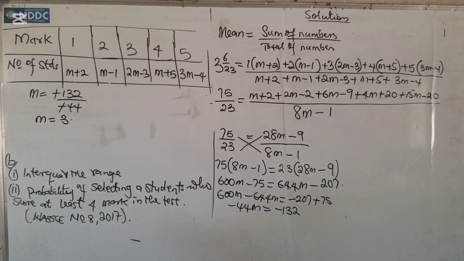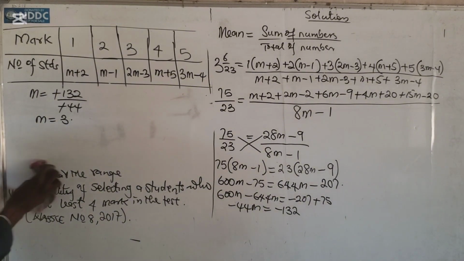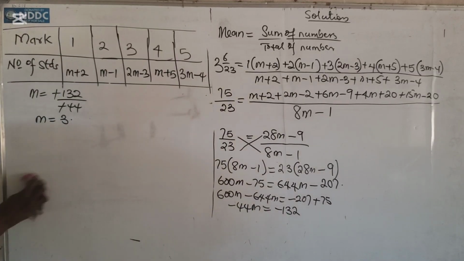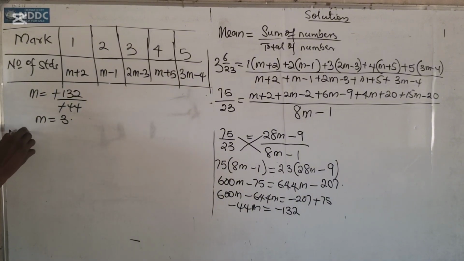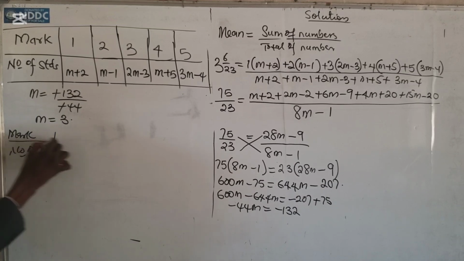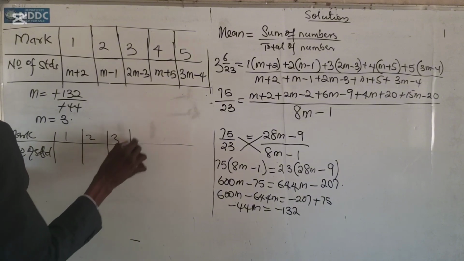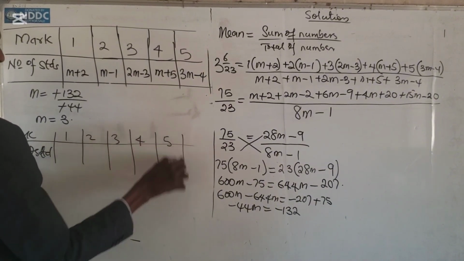After finding m, before you find the interquartile range and the other one, let's come here. I want to draw the table again. So now we put m here: the marks, and the number of students. Marks 1, 2, 3, 4, and 5.